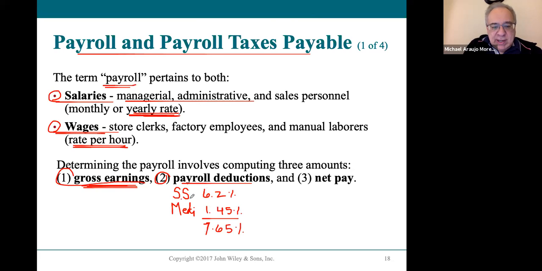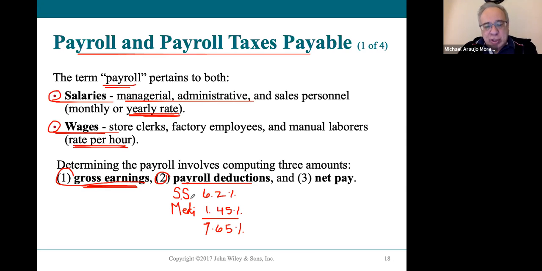Social Security is, in essence, and most of it is, a retirement income program for people who have paid into Social Security and retire at certain ages where they qualify for benefits.